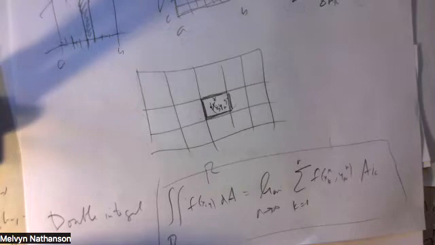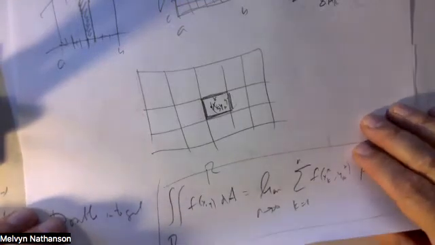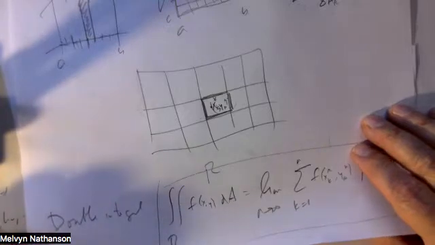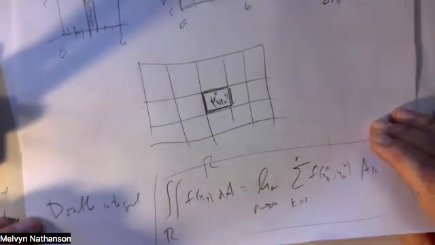And the pictures in the book are much better than any pictures I can draw. So this is the definition of the double integral of a function over a rectangle. The question is, from the definition, how does one get to a method to actually do the calculation.